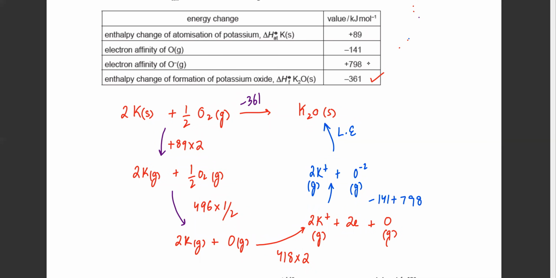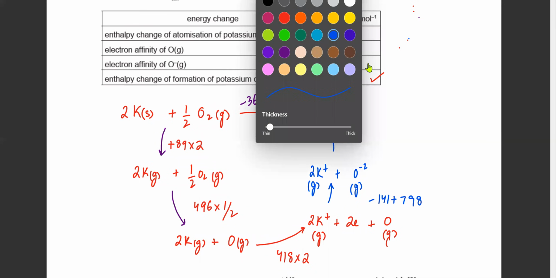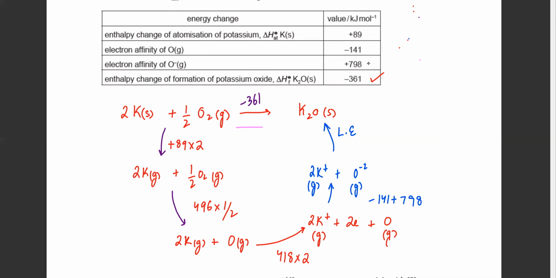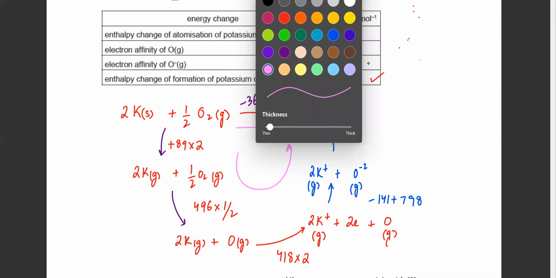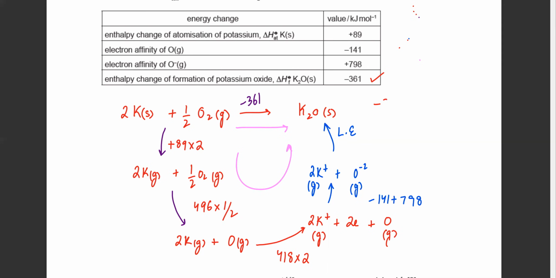Now what you have to do is you have to solve for lattice energy. So one path is equal to the other path. So I'm going to make two paths. One is this one, and the other one is this one. So we're going to use those two paths. So it's going to be minus 361, which is basically equal to the whole other thing. It's plus 89 into 2.